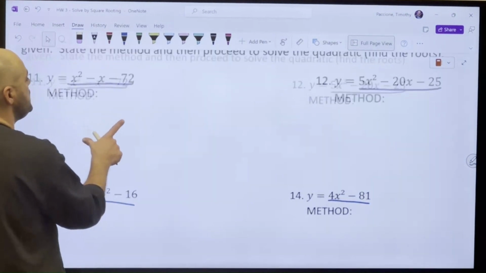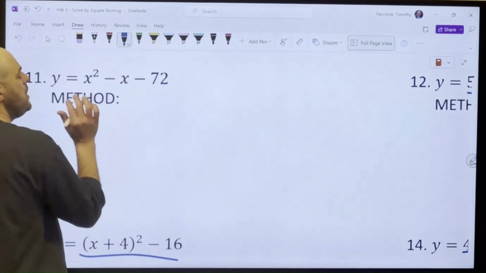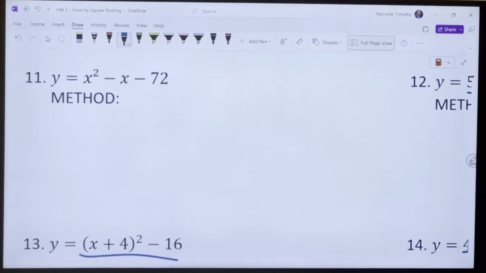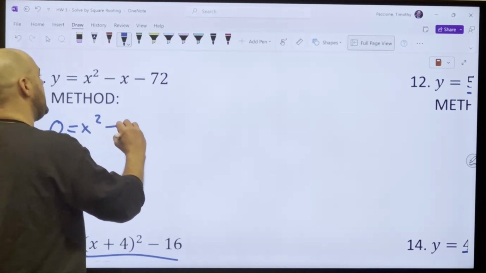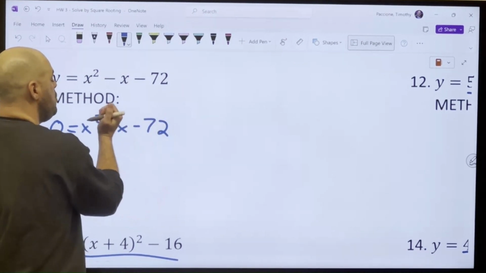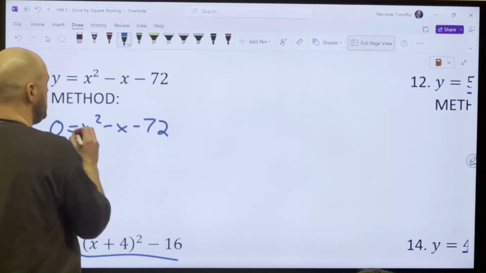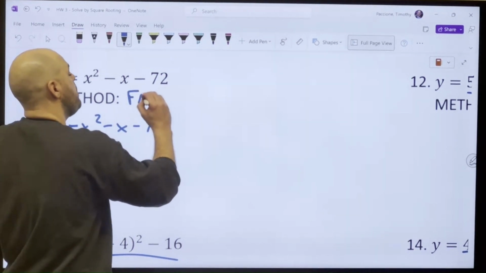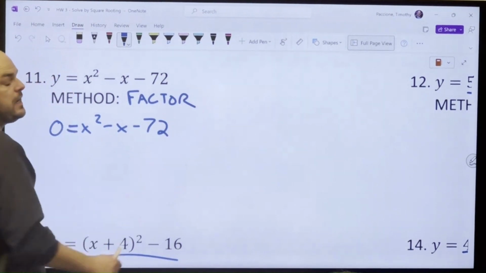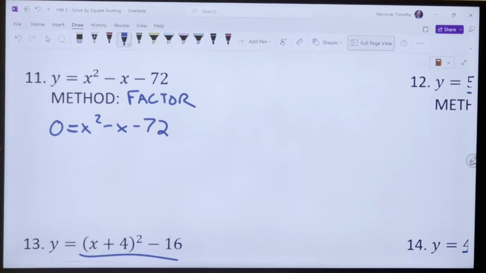So if we're looking at this situation, right, which situation is it? The first one. Like I would say, okay, 0 equals x squared minus x minus 72. What can I do to solve this since it's in standard form? Yeah, I would factor it and move it to intercept form, right? And that would give me zero product property, which would allow me to solve it, right?